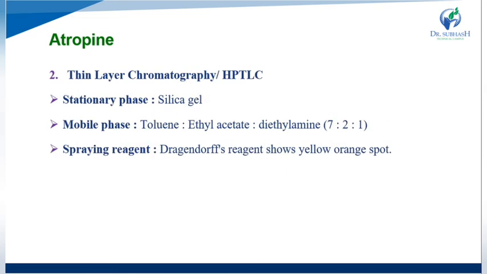The second method is thin layer chromatography. The stationary phase is silica gel and the mobile phase is toluene, ethyl acetate and diethylamine: toluene 7 ml, ethyl acetate 2 ml and diethylamine 1 ml.